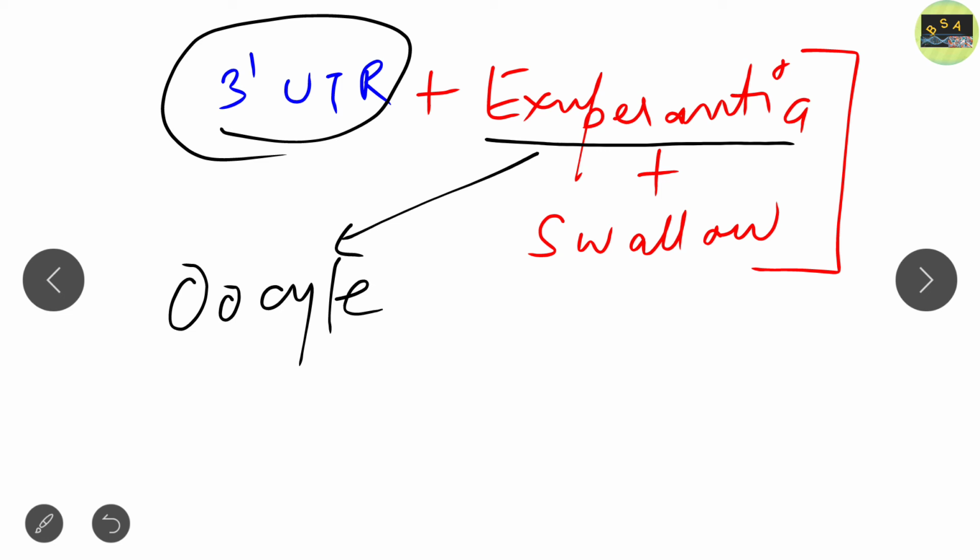So the bicoid-exuperentia complex is transported out of the nurse cell into the oocyte via microtubules.